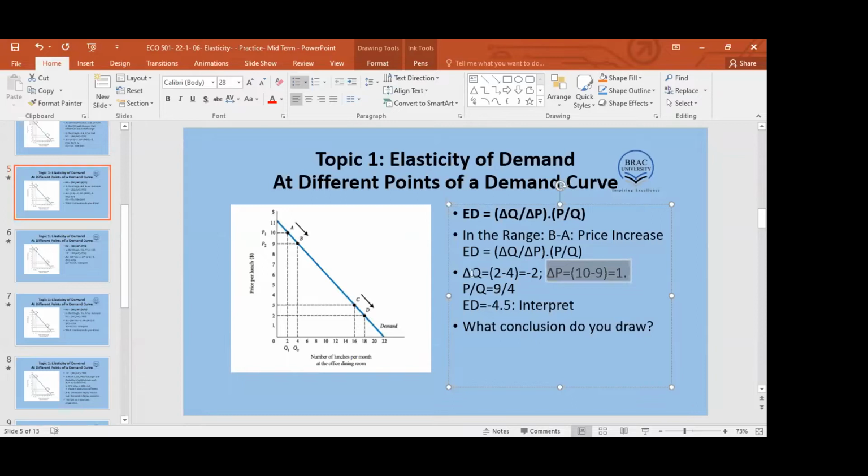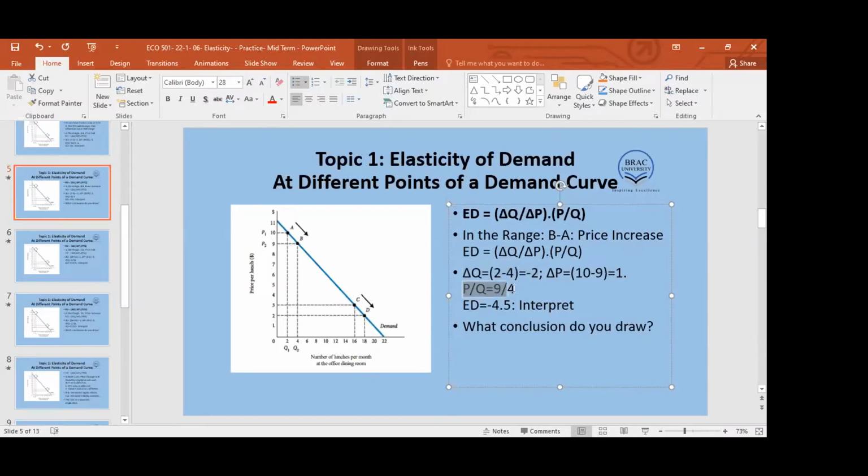Quantity has decreased. So quantity decreasing means del Q must be negative: minus 2. Those of you who are not confident with mathematics, del P positive means price has increased after the change. Del P negative means price has fallen after the change. That's it. Same argument for Q.